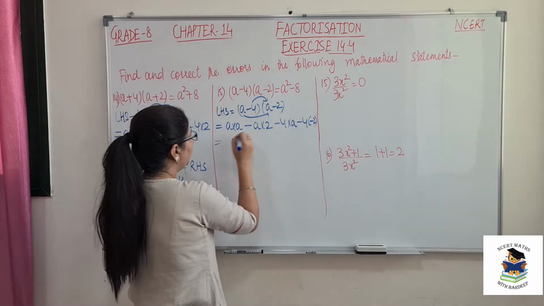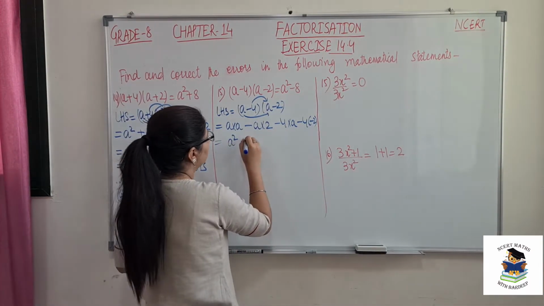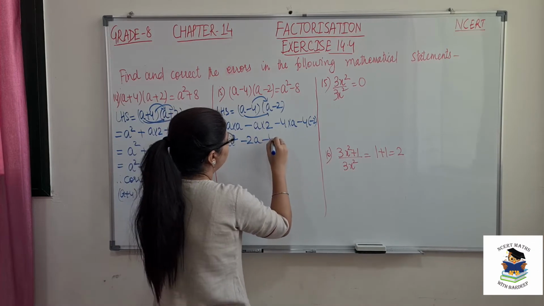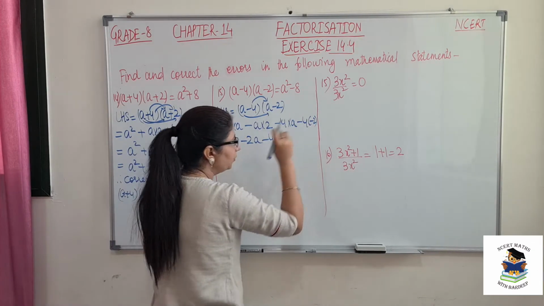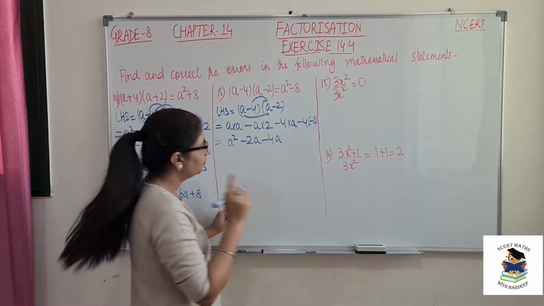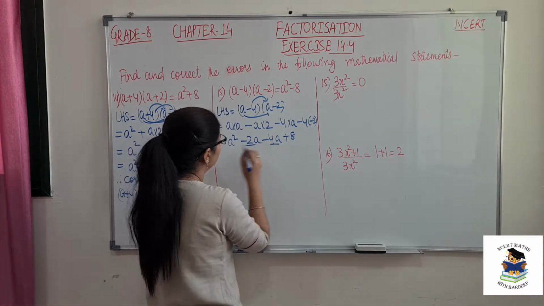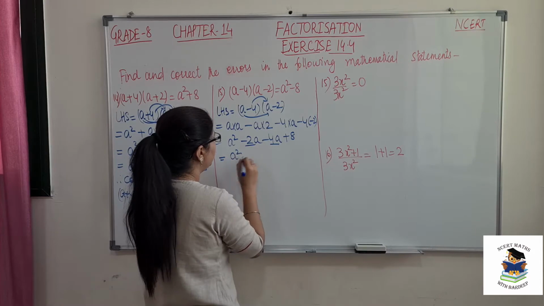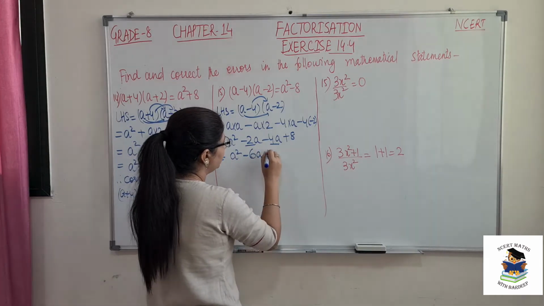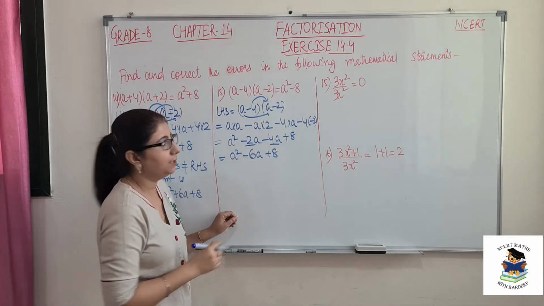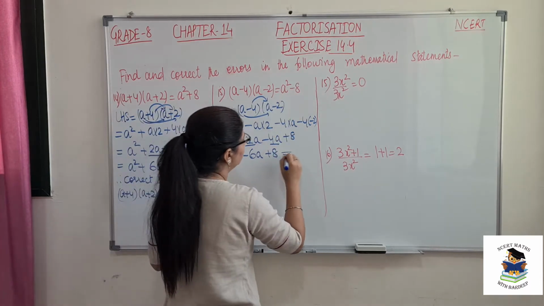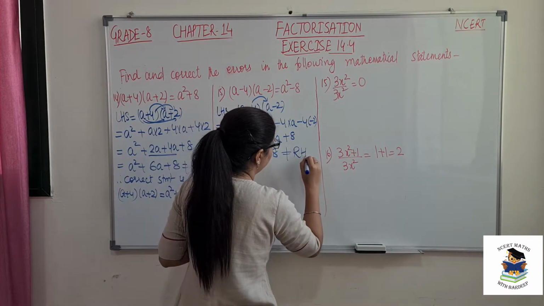Now a into a is a², minus 2a, minus 4a. Minus 4 multiplied by minus 2 is plus 8. So these two are like terms. So we will get the answer as a² minus 6a plus 8. So this is not equal to the right hand side.